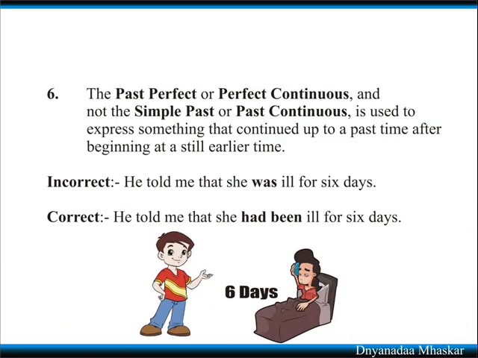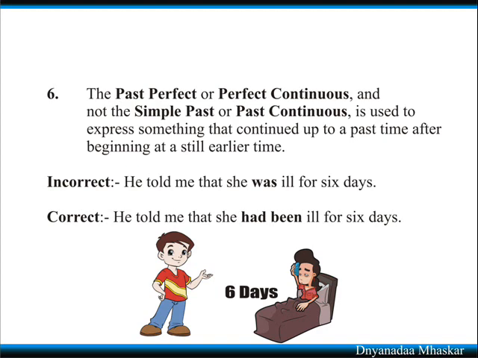The next error, the past perfect or perfect continuous and not the simple past or past continuous is used to express something that continued up to a past time after beginning at a still earlier time. Let us see the example. He told me that she was ill for 6 days. It's an incorrect sentence. Was is a past tense. How can we use past tense for something which is still going on?